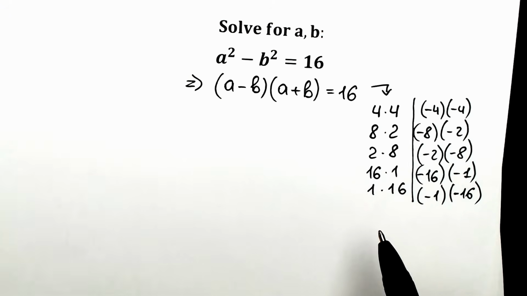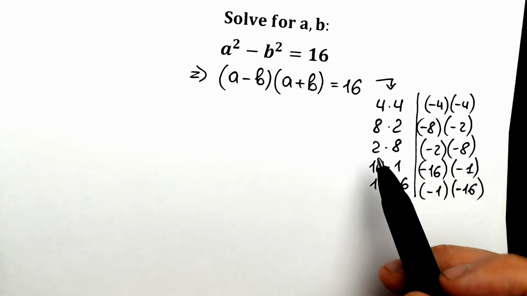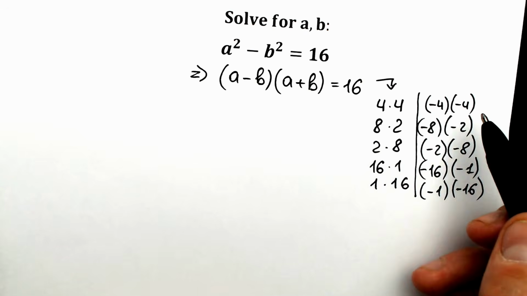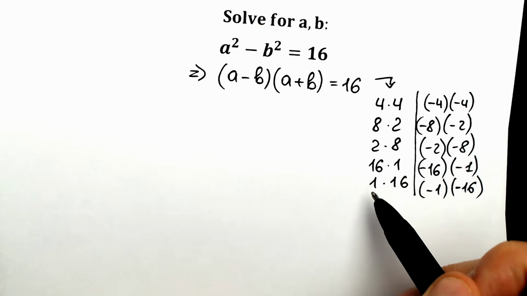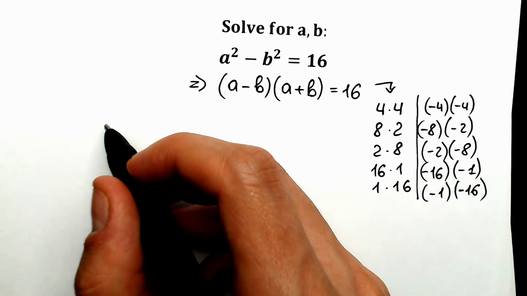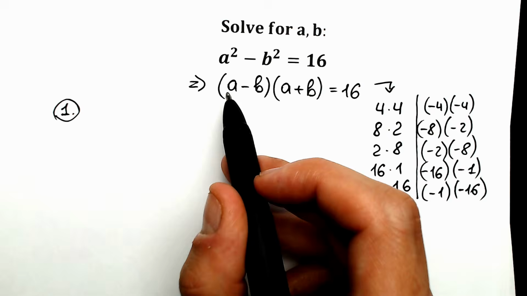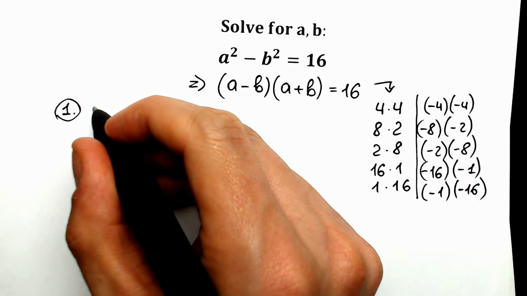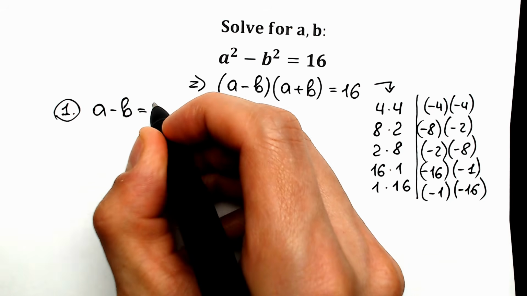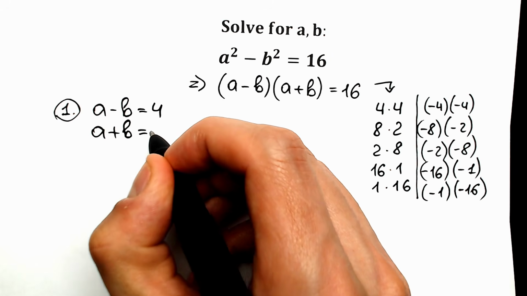But for further calculation, I'm gonna use positive values, and then I will mirror all these roots. Let's write all possible systems of equations. So the first one, we have a minus b equal to 4, and a plus b equal to 4 as well.